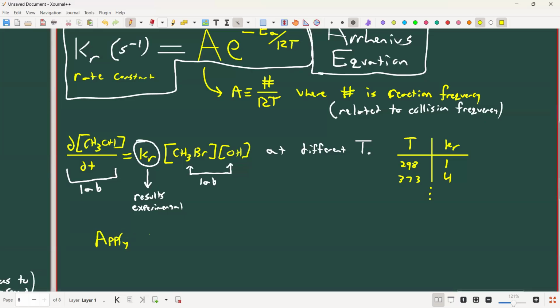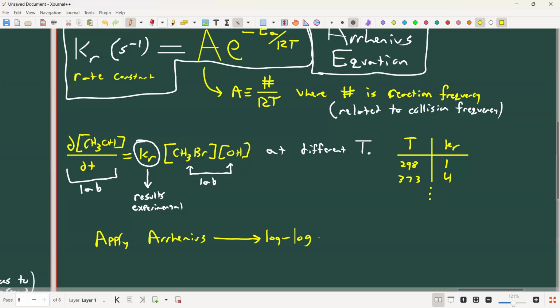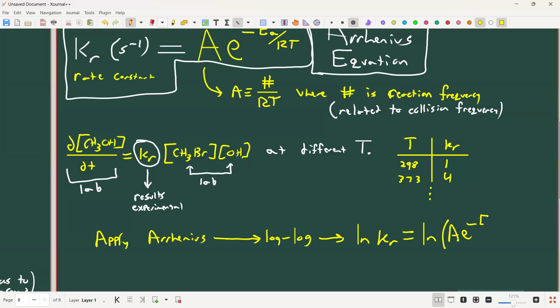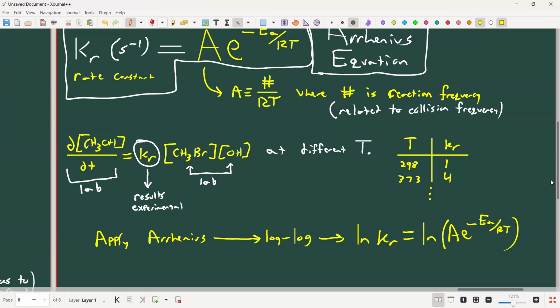Okay. And what we can do now is apply Arrhenius by taking the log of both sides. We're going to apply log. So that says that the log of Kr is equal to the log of A e to the minus EA over RT. All right, we got some simplifications we can do here.